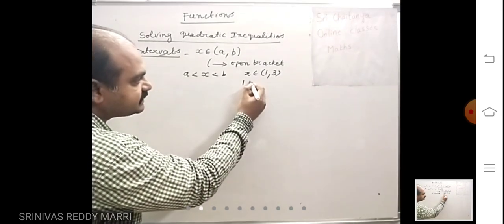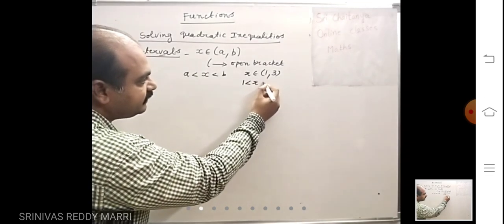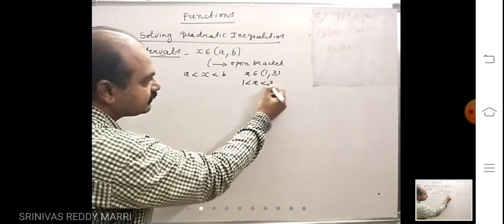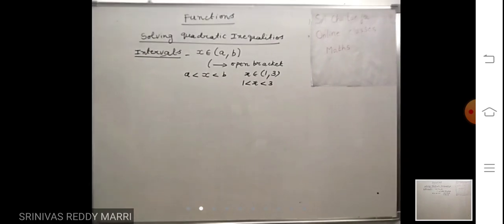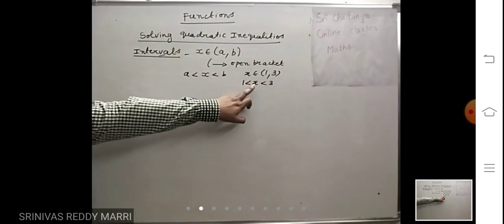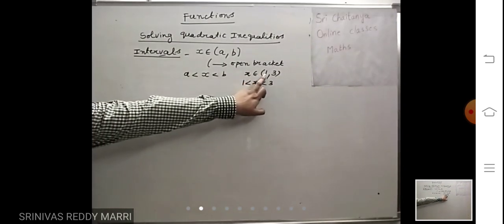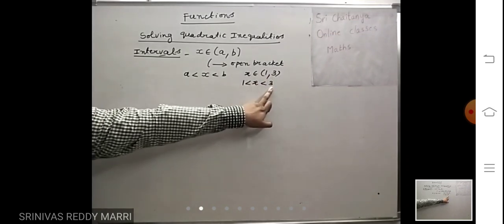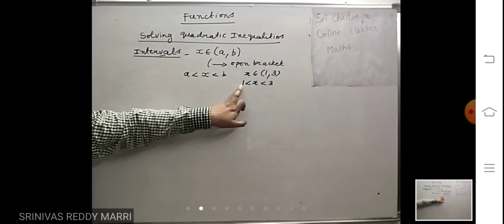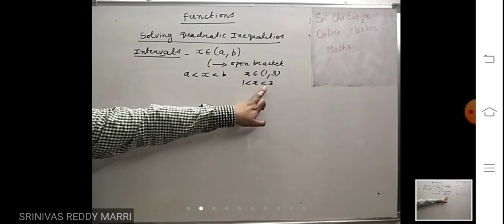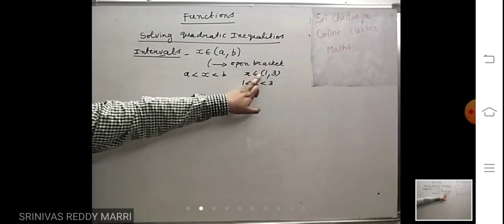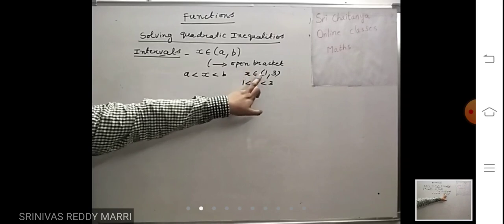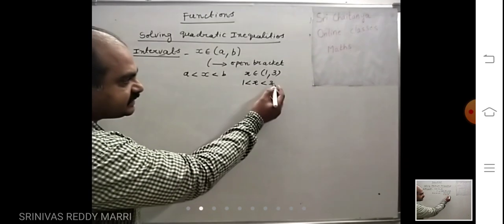This interval means that X lies between 1 and 3, 1 less than X less than 3. Open interval means 1 will not be there, 3 will not be there for X. X takes values between 1 and 3 strictly.